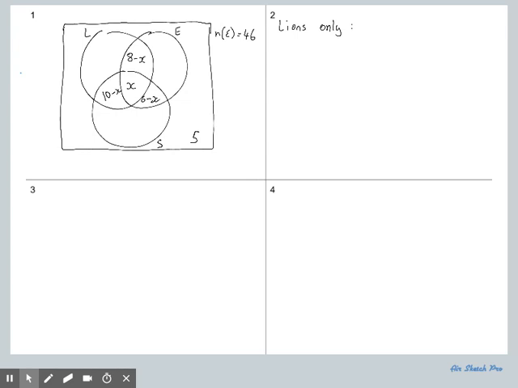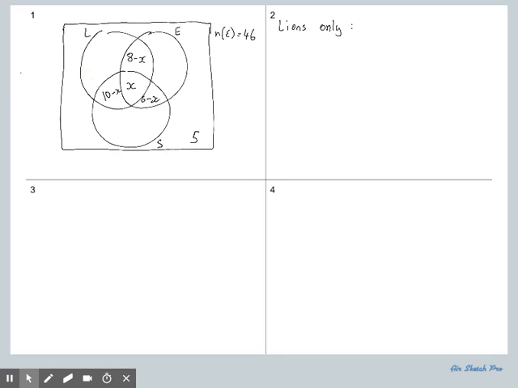We know that 20 kept lions, okay? So that means that this plus this plus this plus this must equal 20. Is that okay so far?